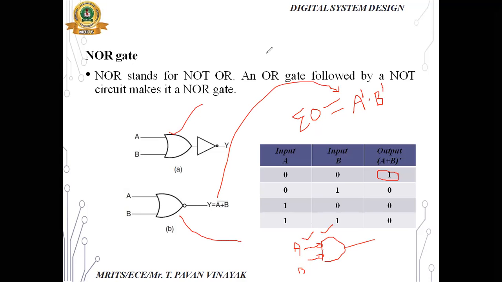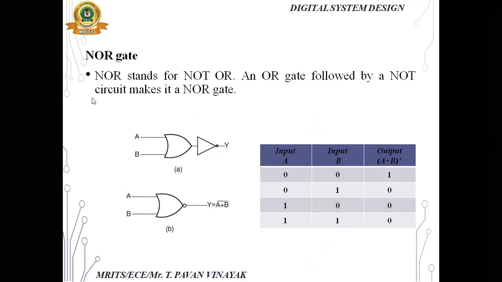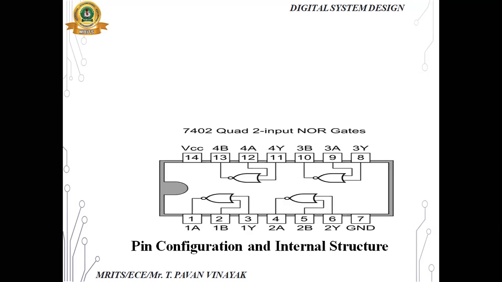Okay. Next, IC. Till now you learned ICs here, but the NOR gate IC is different. The NOR gate IC number is 7402.